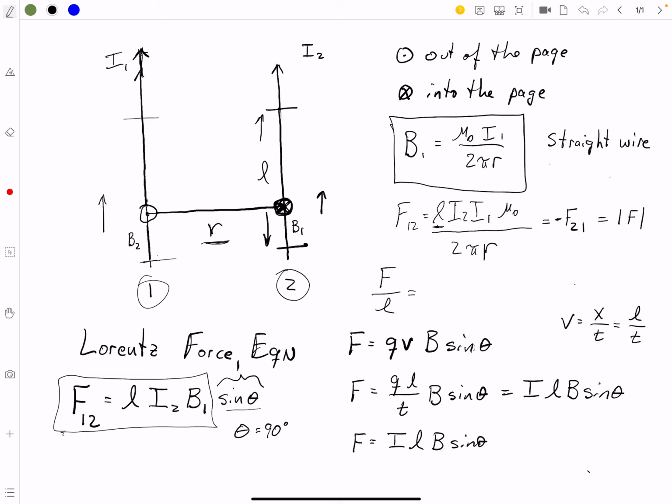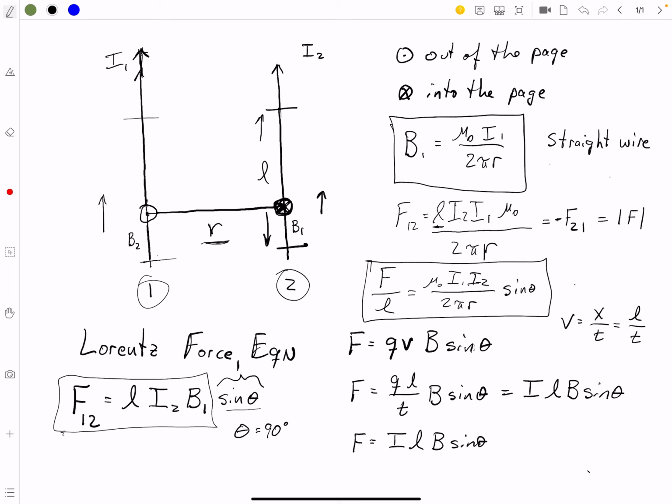And that force then is equal to mu naught I1, I2 divided by 2 pi r. And then to keep things in general, we're going to add the sine of theta.